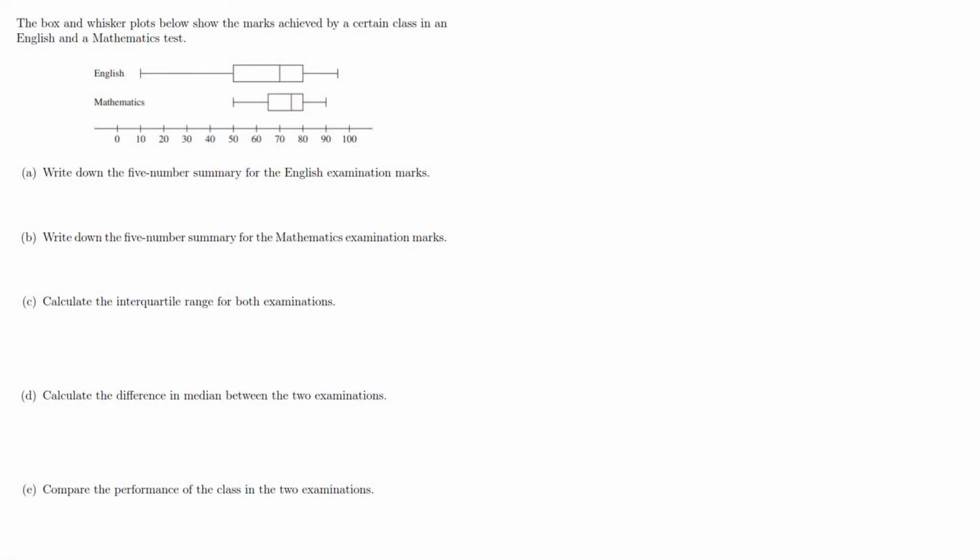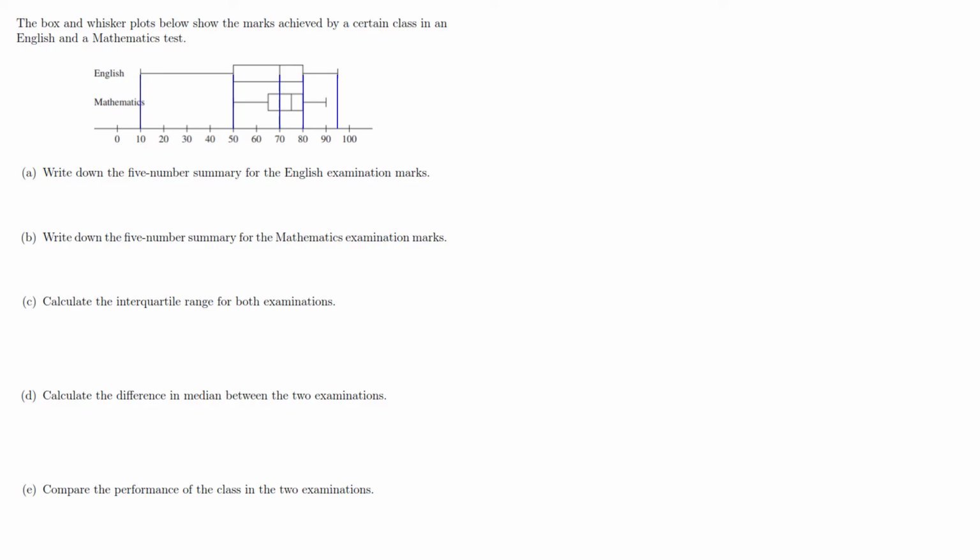Okay, all right. So a typical question might look like this. We have 2 box and whisker plots for English and maths scores. So the first one asks you to find the 5-number summary for the English marks. So that's those ones there. They look like lowest score is 10. The lower quartile is 50. The median is 70.